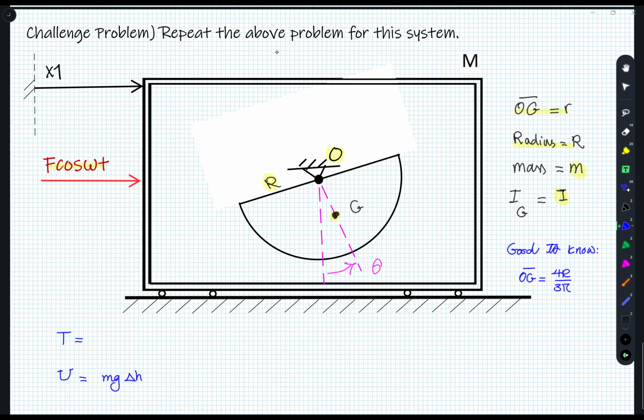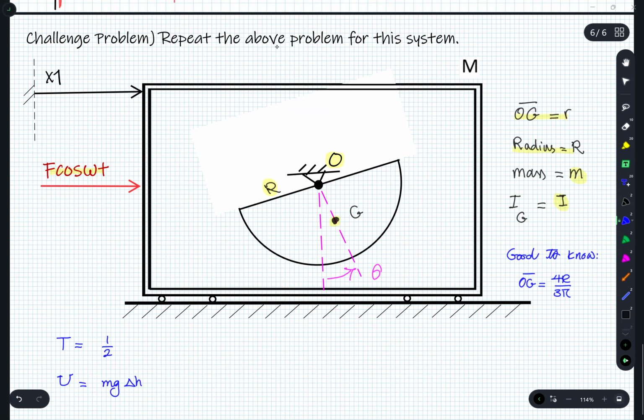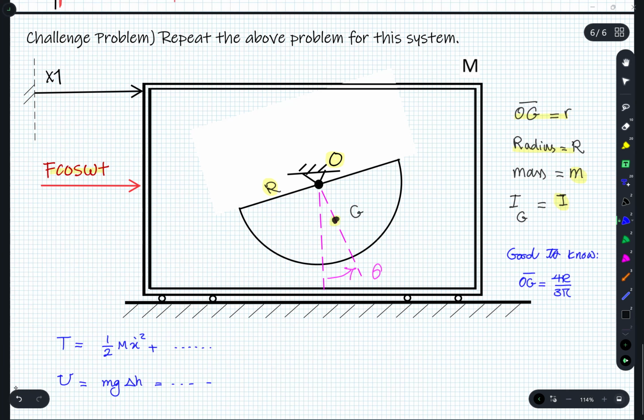And T, I'm going to leave it to you. You should be able to write it down now. You have your card here, which is half of m x dot squared, plus, I'm going to leave the rest to you to see how you can complete it based on what you've learned in this lecture.